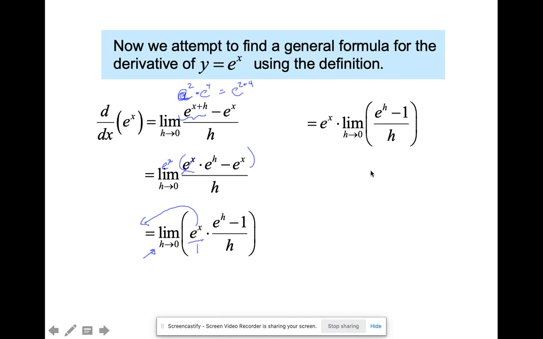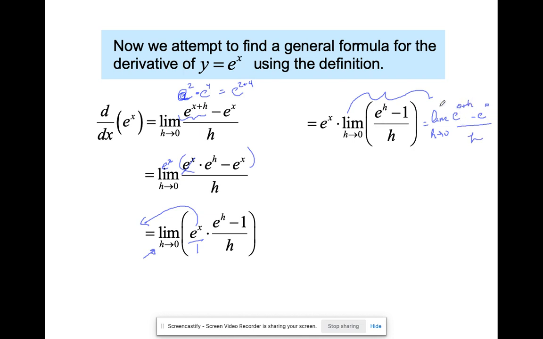And then, hey, look at the screen, the notes that you took on the screen before. What did we say this is? This is actually the limit as h approaches 0 of e to the 0 plus h minus e to the 0 over h, right, from the screen before.